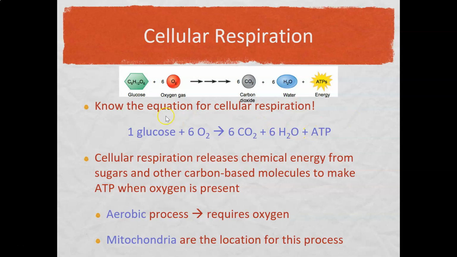So not only should you be able to memorize this chemical reaction and understand where the reactants go in and where the products come out, but as we break the major pathways down into component parts, you should also understand where those parts take place within the mitochondria itself.